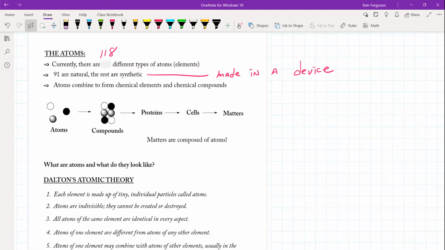matter, matter is composed of atoms. Once we get below an atom, the identity changes. It does not have a unique character about it because it's broken down into subatomic particles, which are all the same.